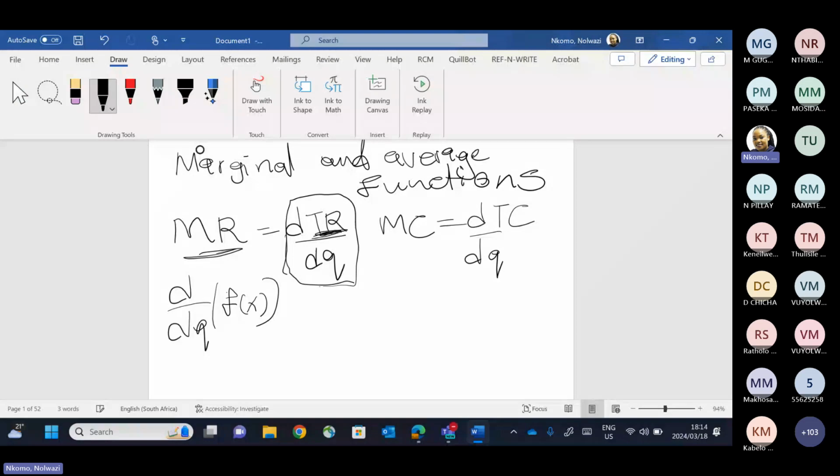This means you are differentiating f at q with respect to q. And again, we have this sign d over dq, meaning we're differentiating again. That's where the derivatives come in. That's why this chapter is called the application of the derivatives.